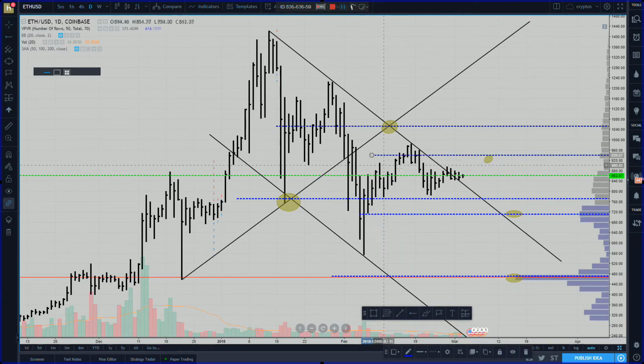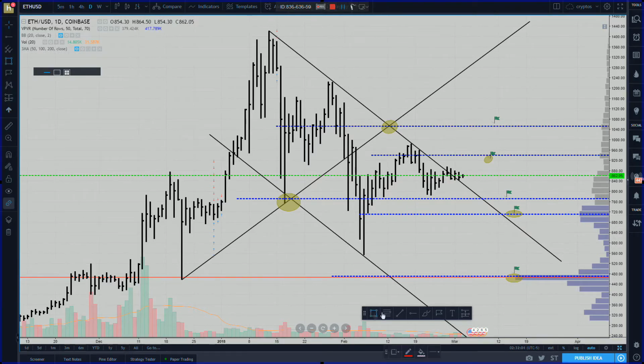And one more. So now if you want to flag those lines, make your life easier. And here we are, the main balance areas for the market we're trading.